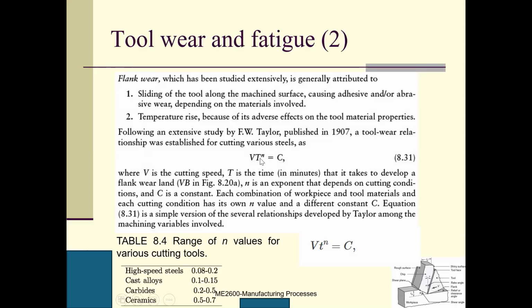Here is one equation, and here is another equation. I want to clarify, okay? Both of these equations are the same. This one is from the previous edition of the textbook, the same authors. Here is the current one, the 6th edition. The T here is a capital T, here is a lowercase t, the same thing, right? Capital T and lowercase t correspond to the tool life, which is written in terms of minutes.